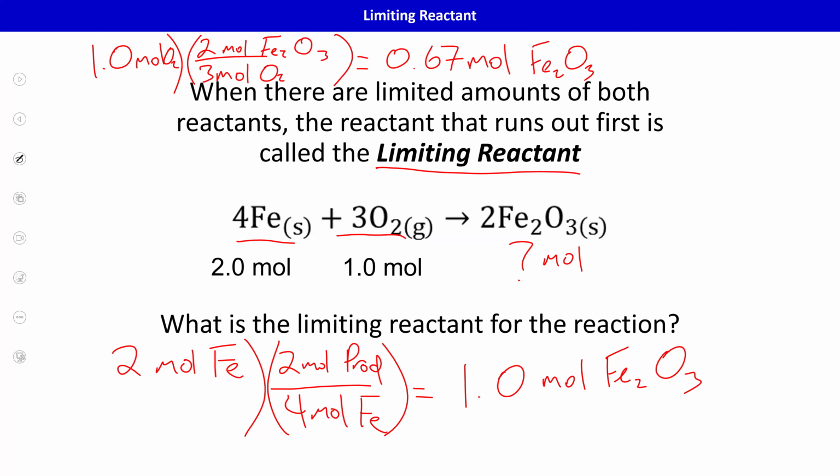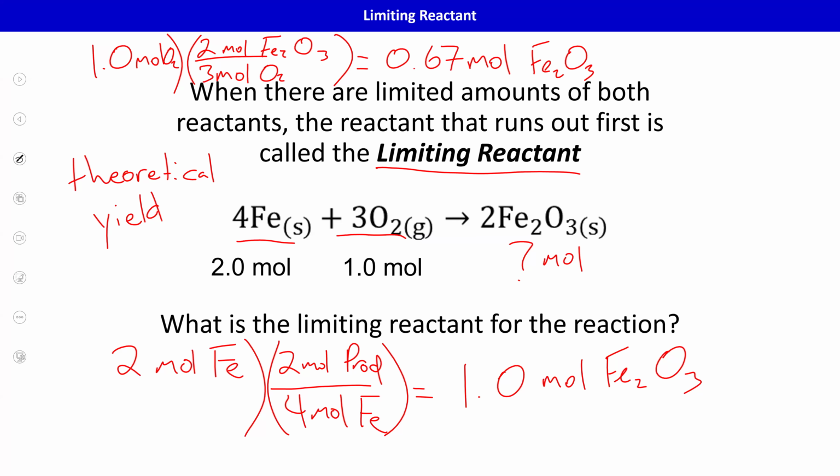And so this also tells us another thing about this reaction, what's called the theoretical yield. The theoretical yield is how much product you could make if everything went well. If everything goes perfectly, what's the maximum amount of product you could make?